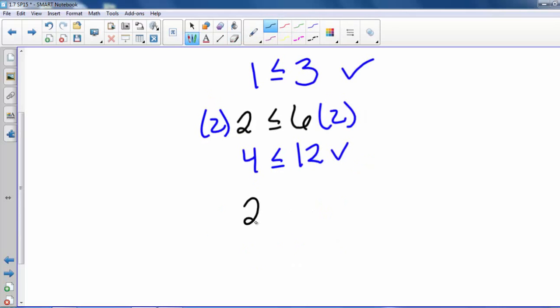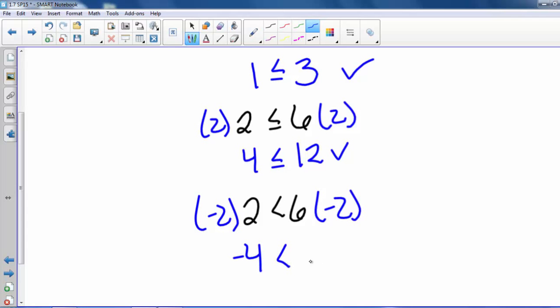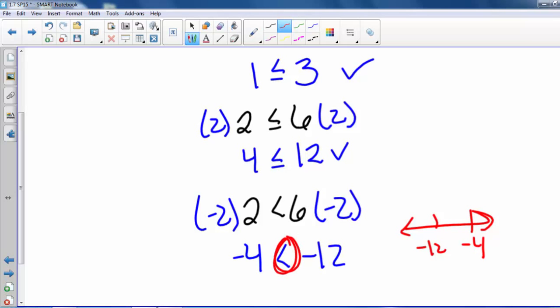What happens if we multiply each side by -2? Then we get -4 is less than -12. Is that true? If we look on a number line, -12 is less than -4. So we need to flip this inequality. We have -4 is greater than -12.